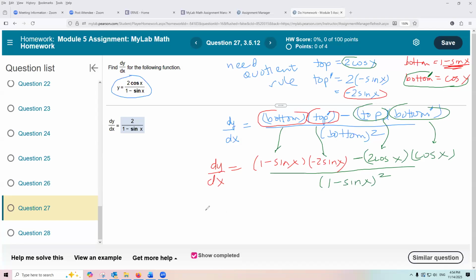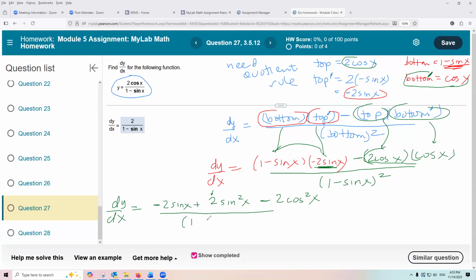All right, let's do some cleanup here. So dy dx is, I'm going to take this negative 2 sine x and multiply it inside the parentheses. So it's going to be negative 2 sine x plus 2 sine squared x. And in the back, it looks like I have a negative 2 cosine squared. Let me put this all over 1 minus sine x squared.